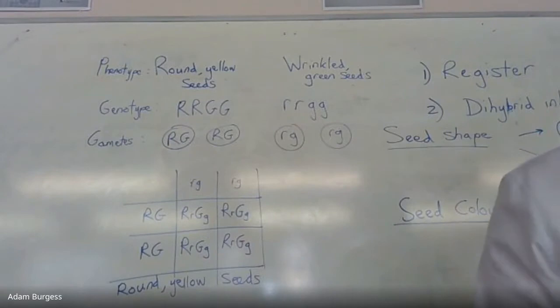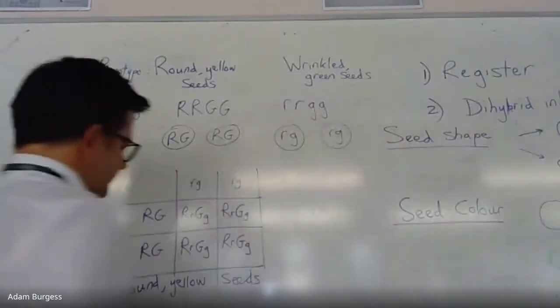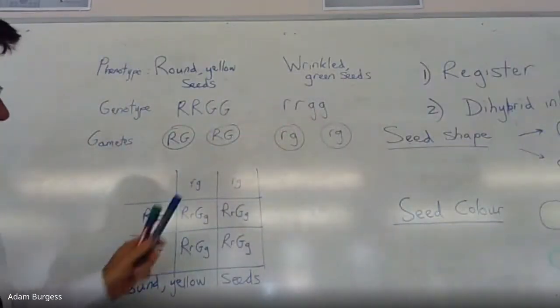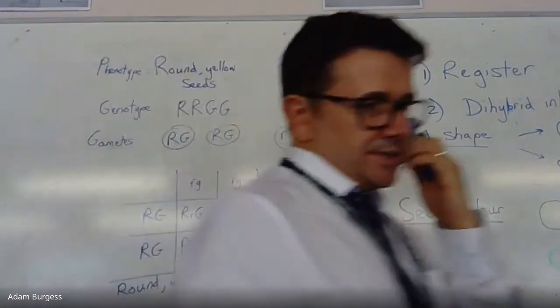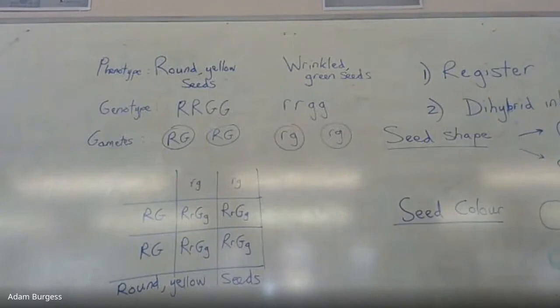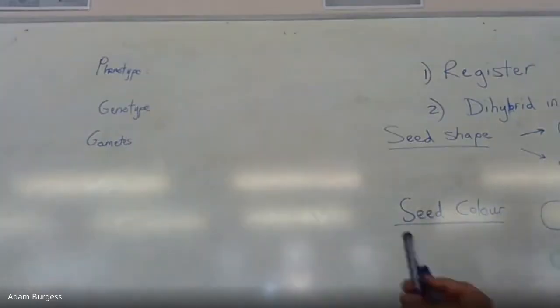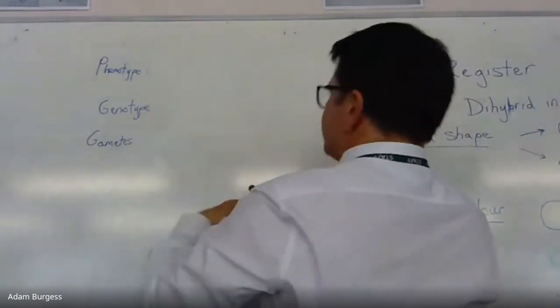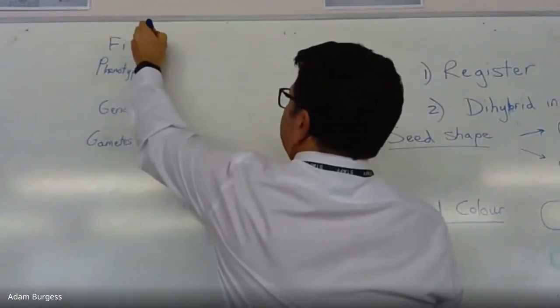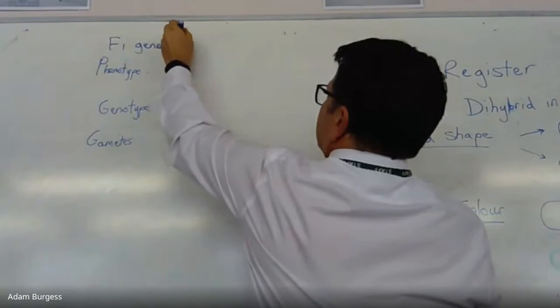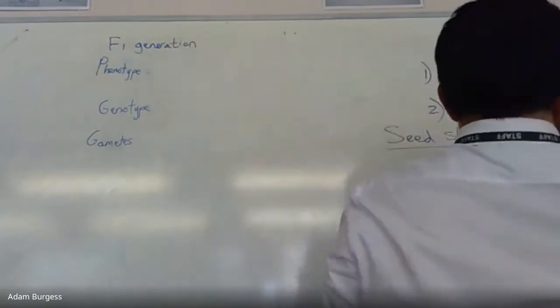Now, obviously, you've got different gametes here. So these are not homozygous. These are heterozygous, and we need to see if we can cross them. So we've now got plants from the F1 generation, the filial generation.